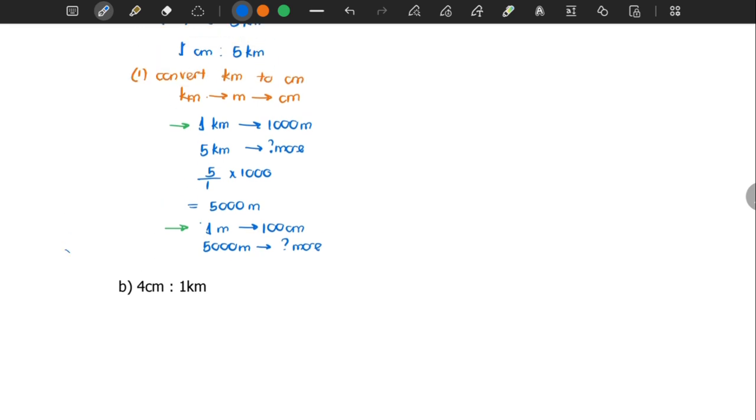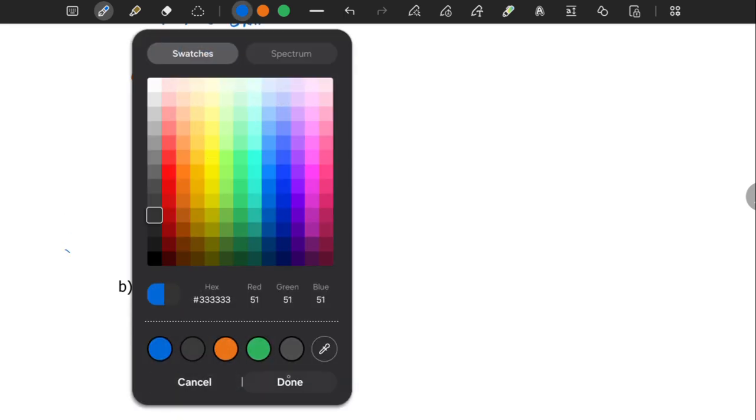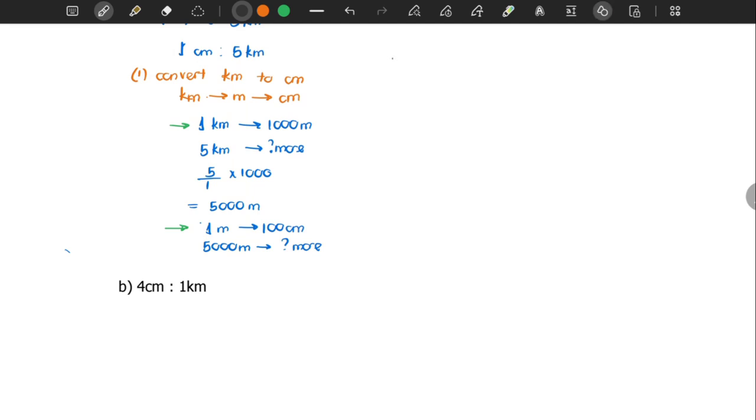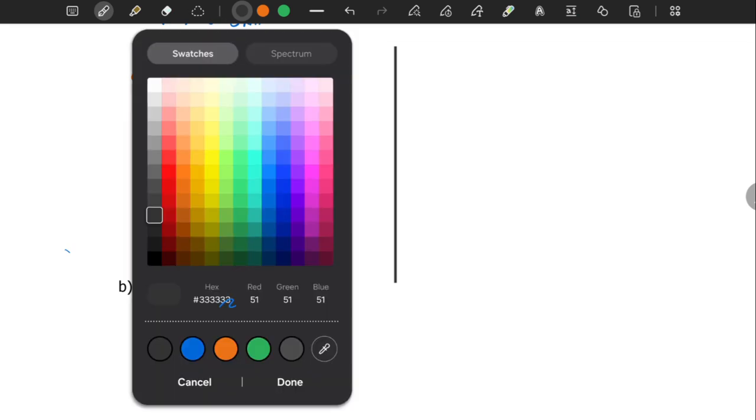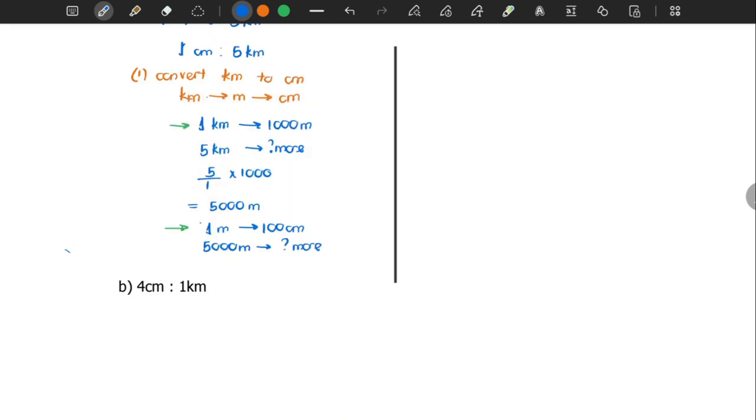So that becomes 5,000 over 1 times 100, and that becomes 500,000 centimeters.